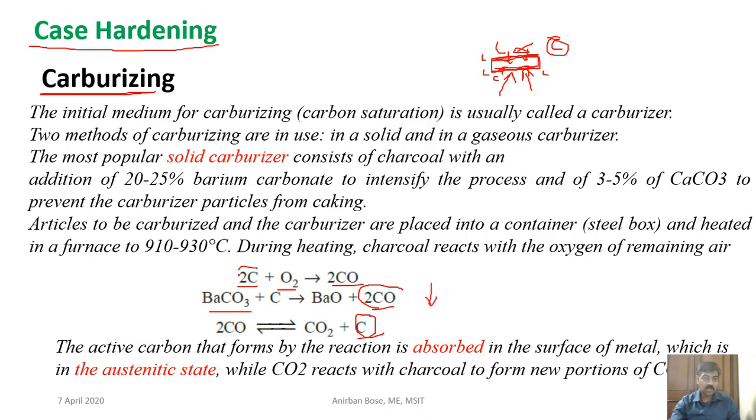The charcoal will not directly go into the material, but after this reaction the carbon atoms that are produced will diffuse within the material. So these are the reactions taking place within the furnace.